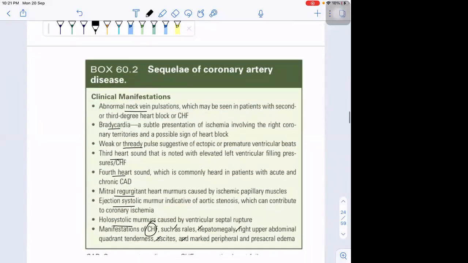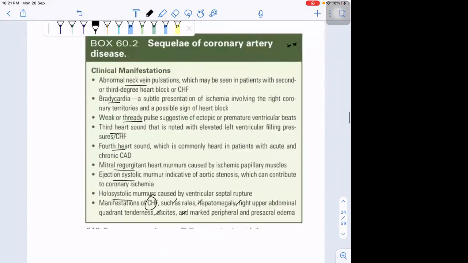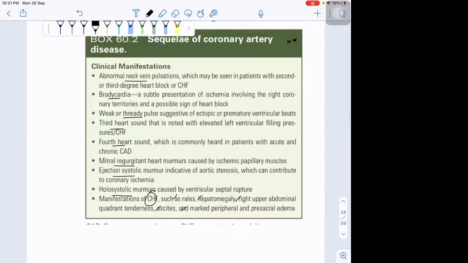Now, the sequelae of coronary artery disease. You can read this, it is self-explanatory: abnormal heart rhythms, bradycardia, and weak thready pulses. A weak thready pulse is indicative of ectopic ventricular beats. A third heart sound is present with elevated left ventricular filling pressures and congestive heart failure.